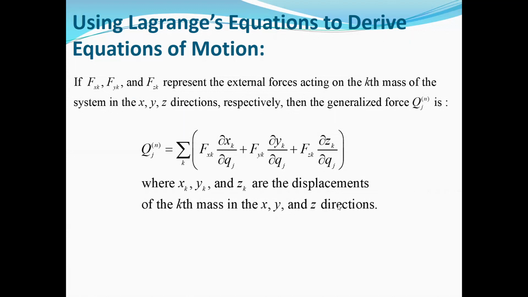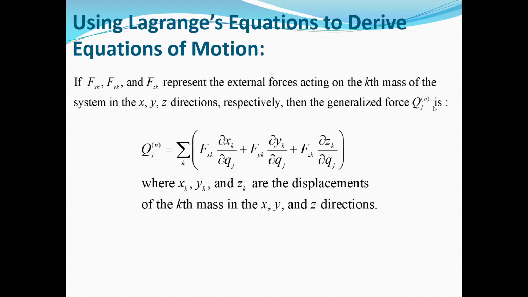So if you assume that x, y, and z are your generalized coordinates in a system with 3 degrees of freedom, you can easily calculate Qj by using this equation. And you will see easily in the examples, without any calculations, you can predict Qj.